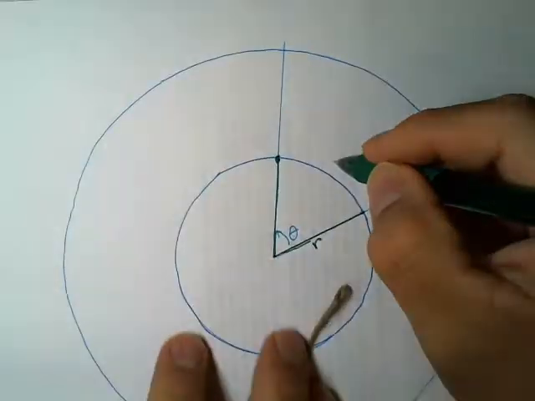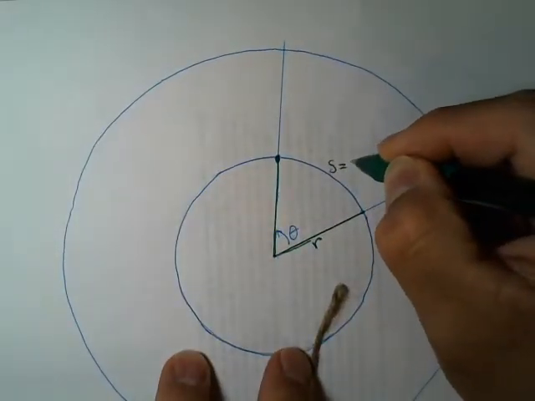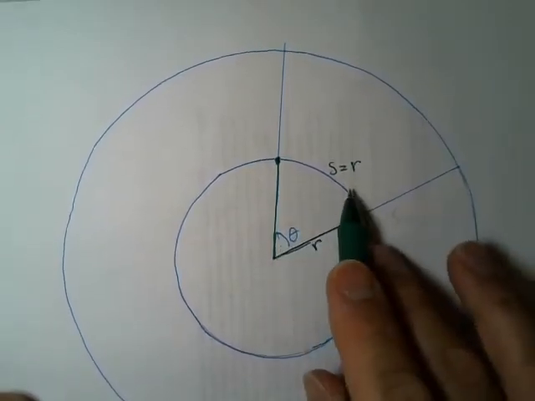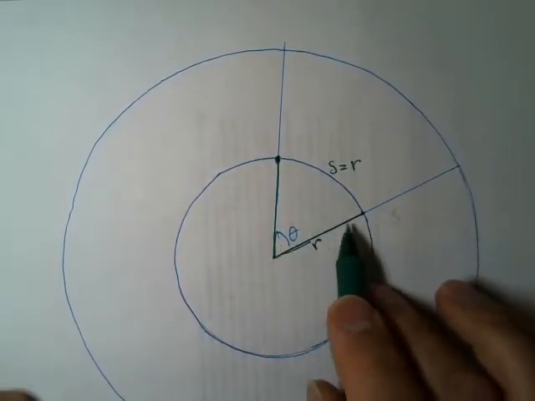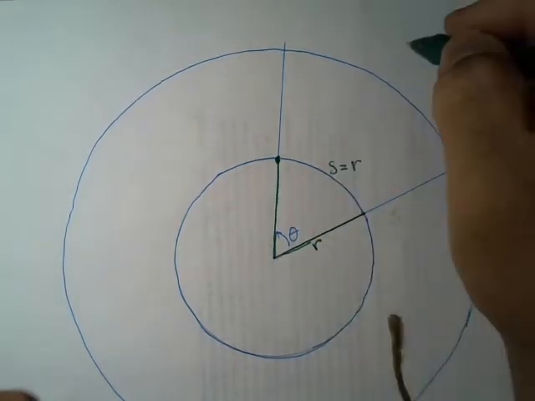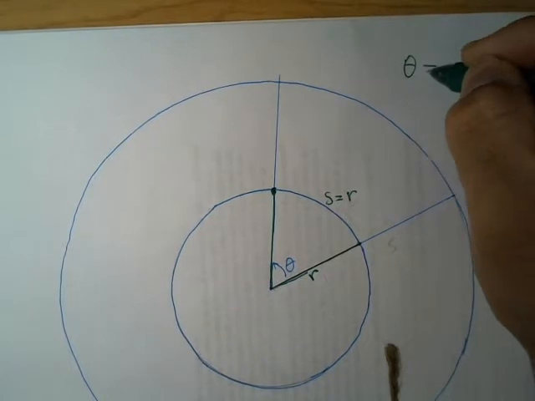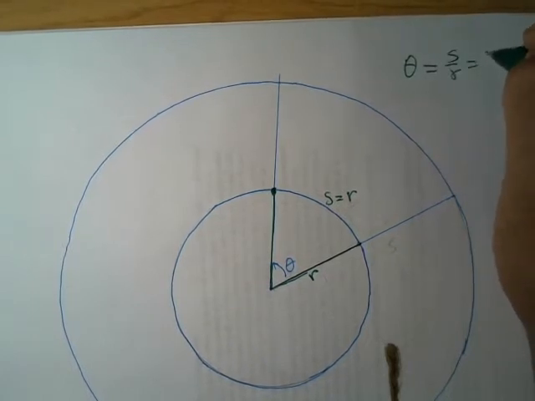So in this case, s is equal to r. So when theta is described by the arc length r, going back to our ratio, theta is r over r, and that gives me 1 radian.